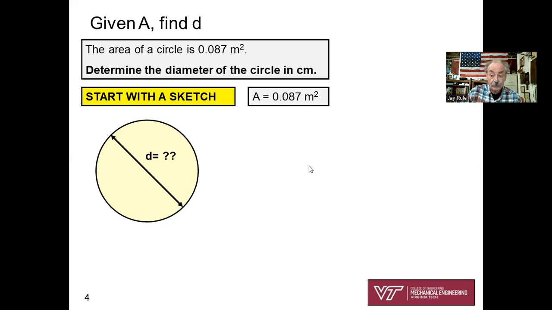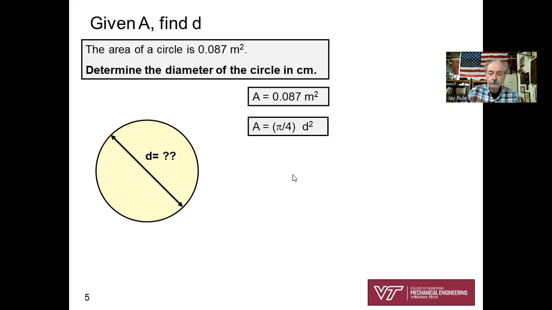I would hope you'd start with a sketch if this were a homework problem. Next, we'll write down, well, what applies? A equals pi over 4 d squared. That's the area of a circle. Then you've got to do a little mathematical manipulation because you're trying to get to d equals.